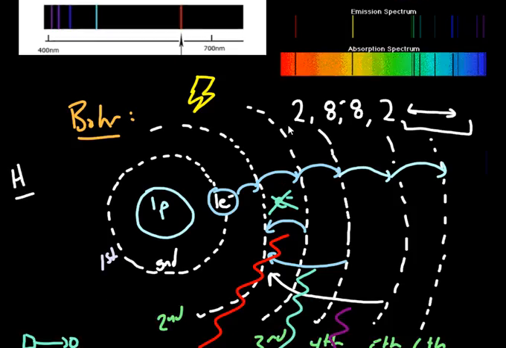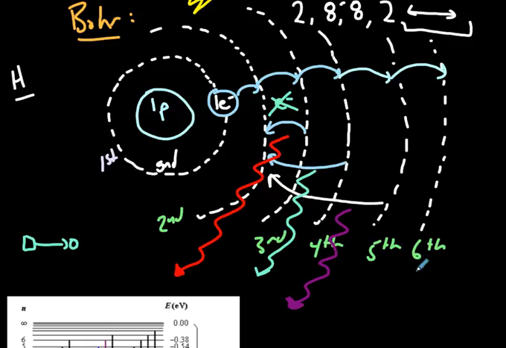Now, why is this happening? Well, it turns out that if I shine full spectrum white light through hydrogen or through helium gas, all of the wavelengths that exactly correspond to these guys jumping up will also be absorbed. So it's like a two-way street. When they're falling back down, they kick out a specific color of light.